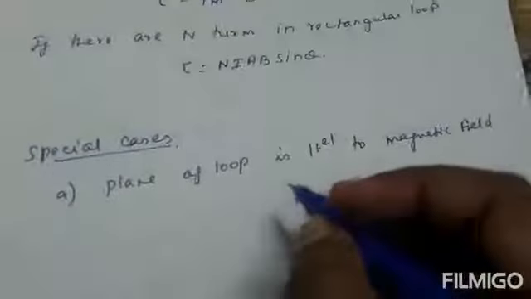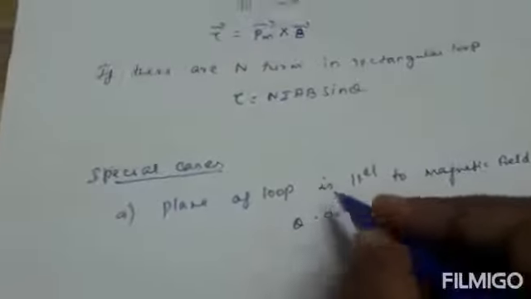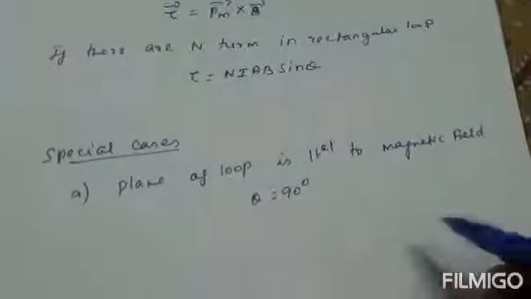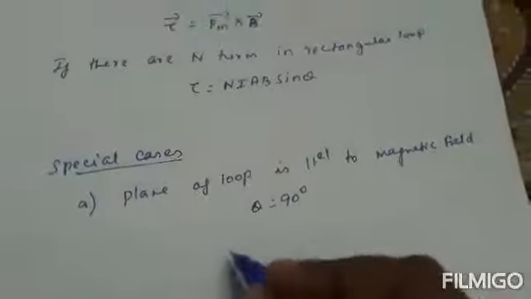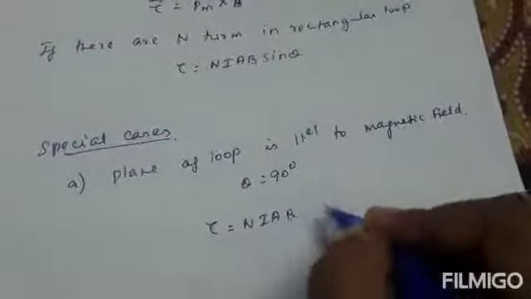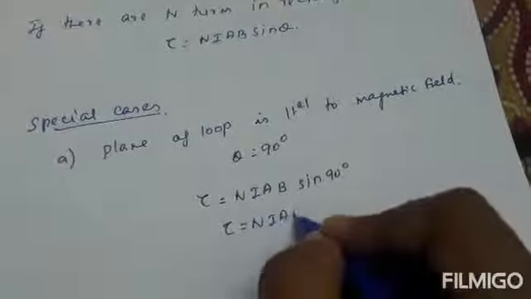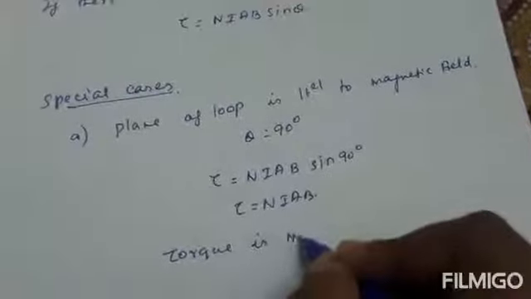Here the plane is parallel, so that angle is 0, but theta is the angle between the normal and the magnetic field, so theta is 90 degrees. So tau is equal to NIAB sine 90 degrees, which is NIAB. So the torque is maximum.